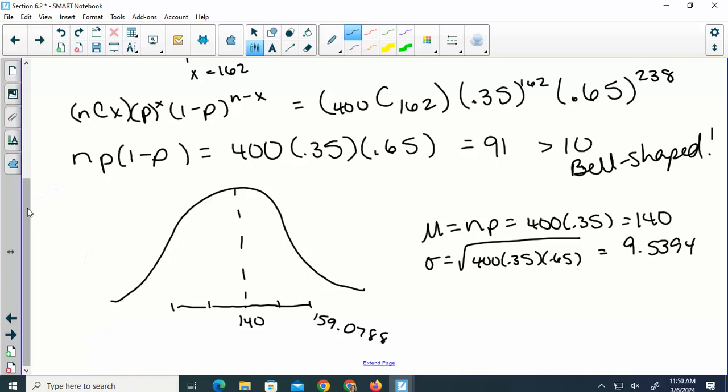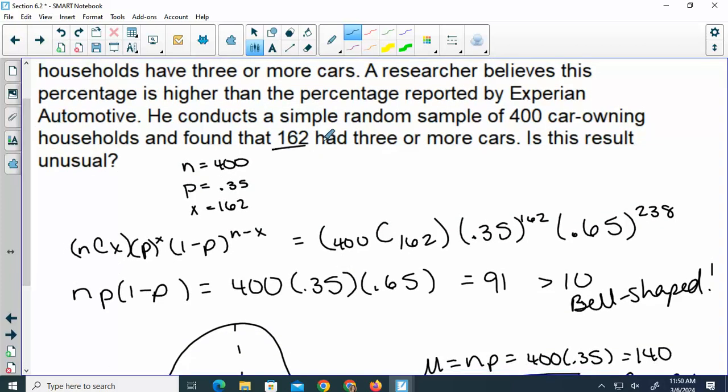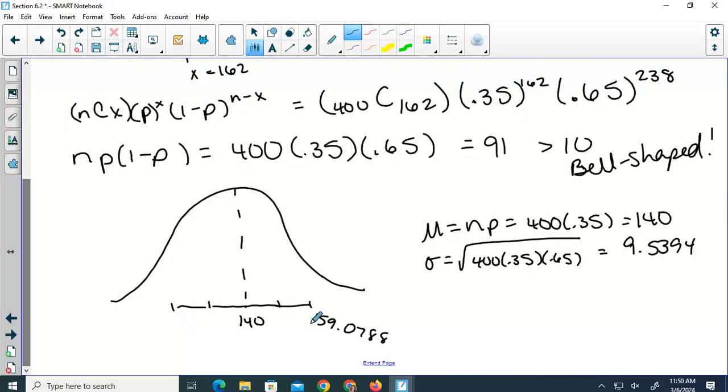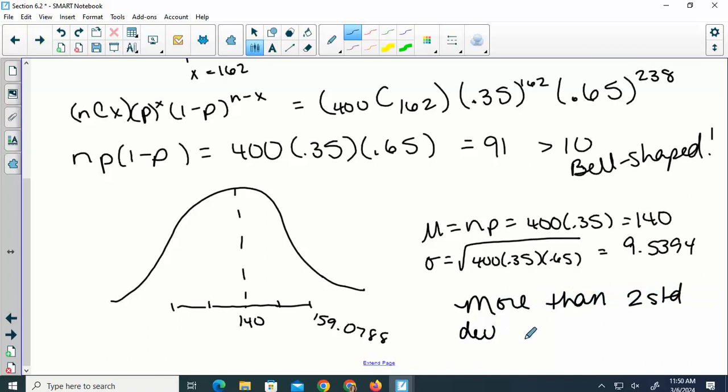And we could do the lower side, but I really don't need to because I'm worried about 162. That was higher than our mean. So is 162 past 2 standard deviations? Yes. So it's more than 2 standard deviations away.